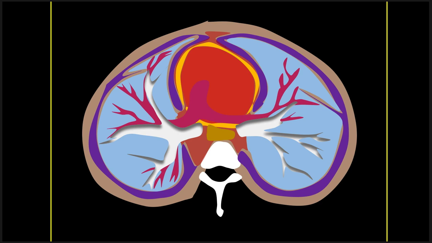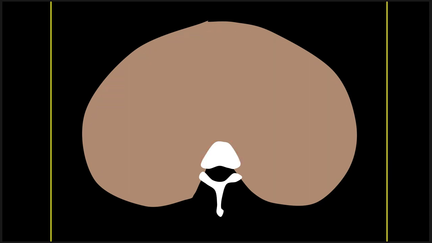So if we take the lungs and the heart and all these vessels and take all this stuff away, we're left with this right here, just the diaphragm, which is essentially a sheet of muscle all the way across the base of the thorax. Notice that it goes all the way across.